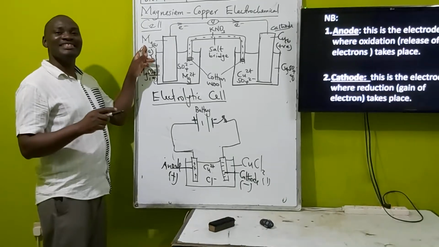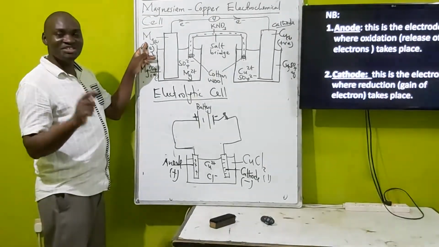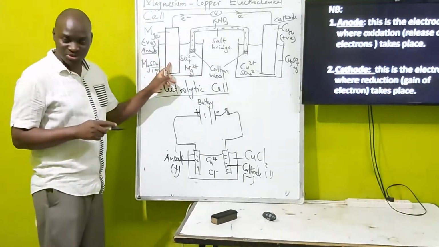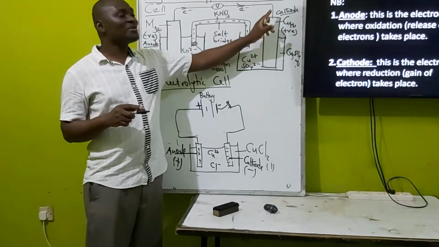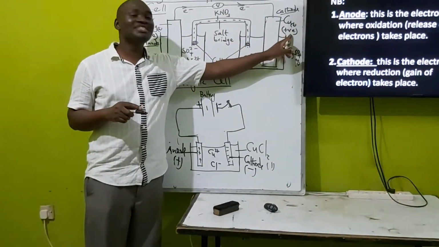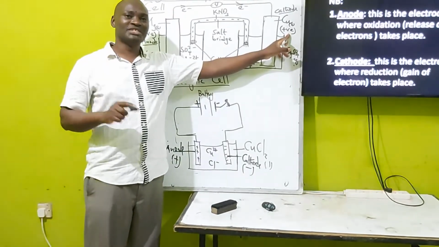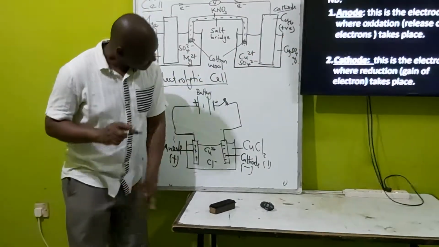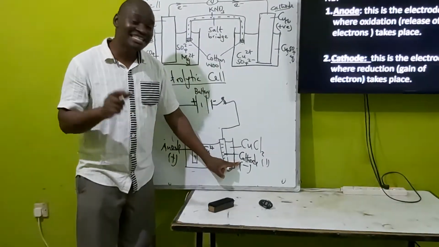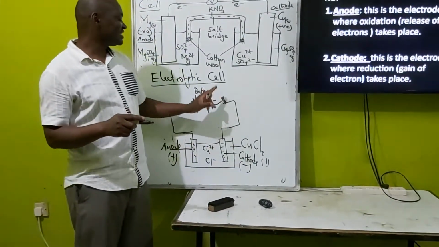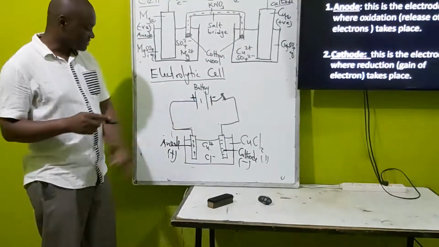The anode in the electrochemical cell is negatively charged because it has more electrons. The cathode in the electrochemical cell is positively charged because it has a large number of positive ions. The cathode in the electrolytic cell is negatively charged because it is connected to the negative terminal of the battery.